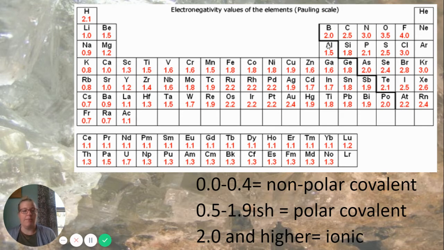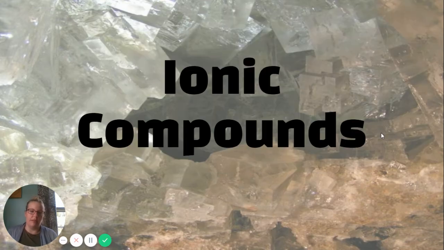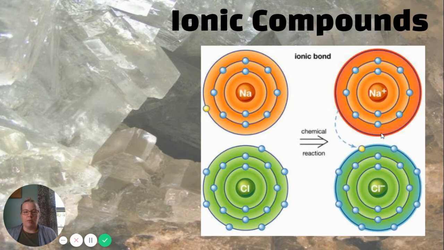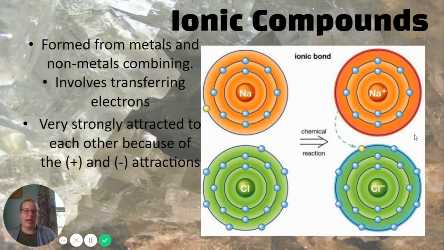So aluminum and anything to the left of those stairs is a metal. Your nonmetals are on the right-hand side in the upper corner. And the things that sit on the stairs are called metalloids, which have properties of metals and properties of nonmetals. So anyways, ionic compounds happen when you have a metal and a nonmetal coming together. That's the big thing to keep in your head.